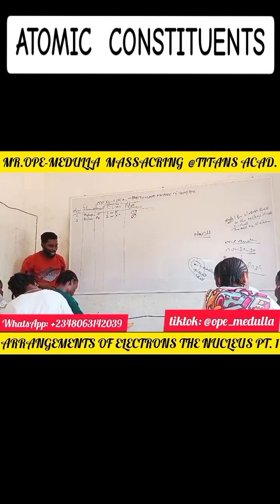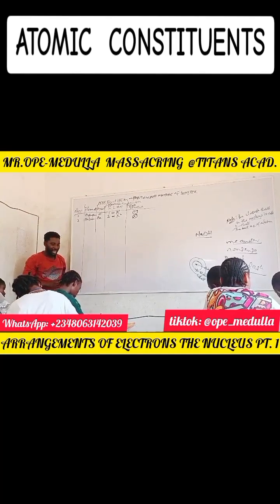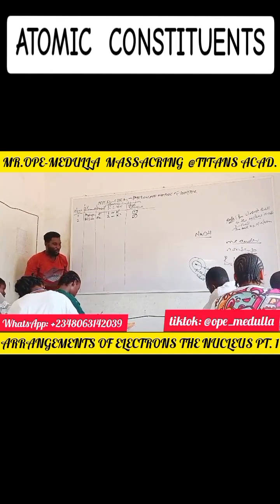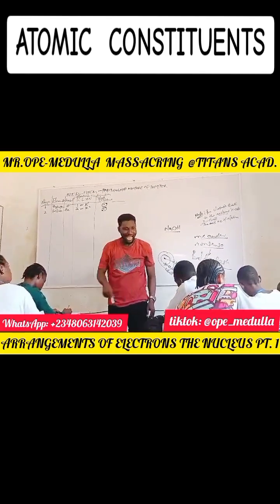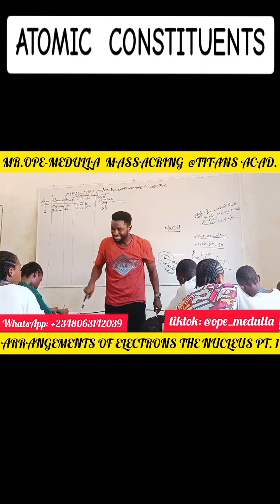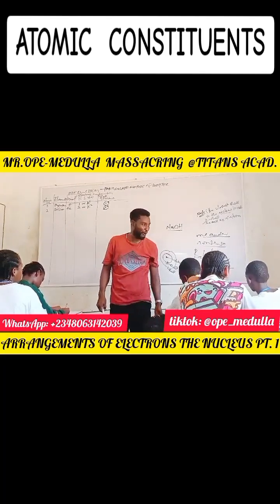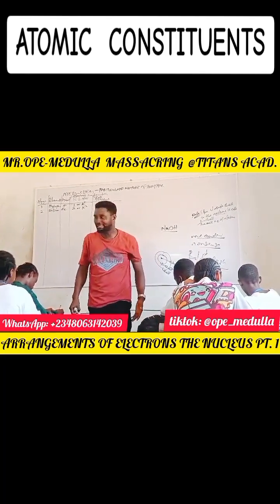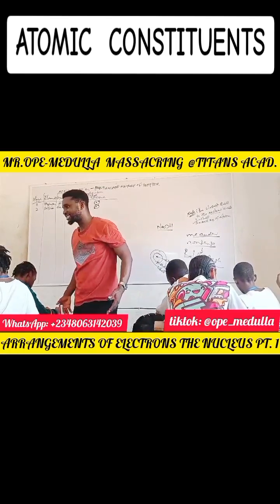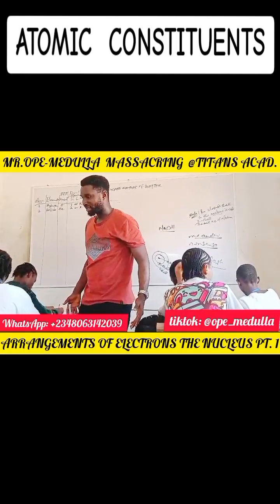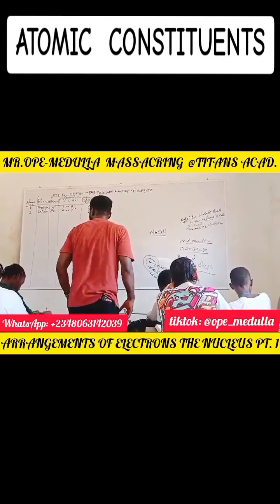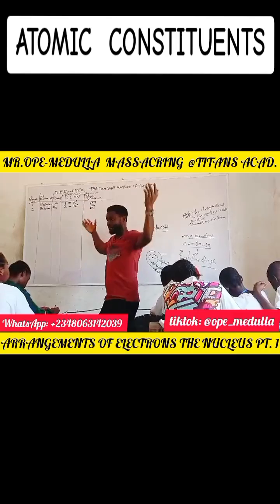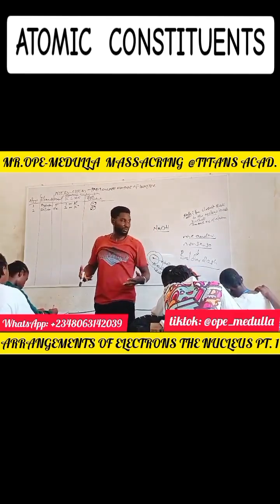So for some of you that do not understand this and look at it like it's magic, because I saw some of you, when you saw the textbook, you asked, is this a ball? Is this a football? No, it's not a football. It's the way they represent these elements. And by the time you get to a higher level, oh my God, you start seeing them at a broader level. But this is the foundation.